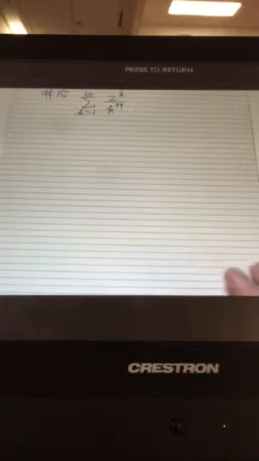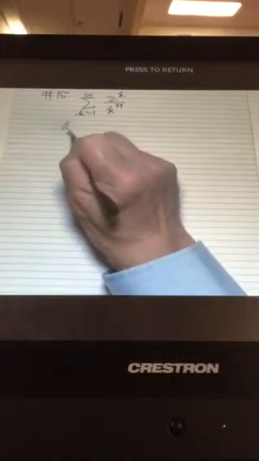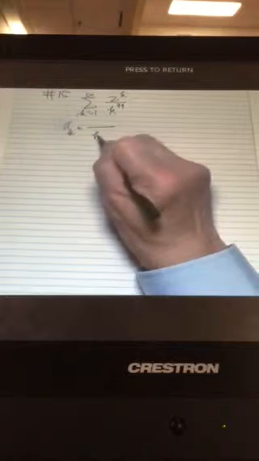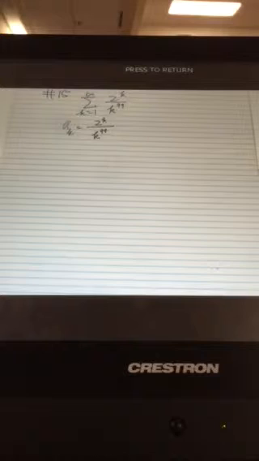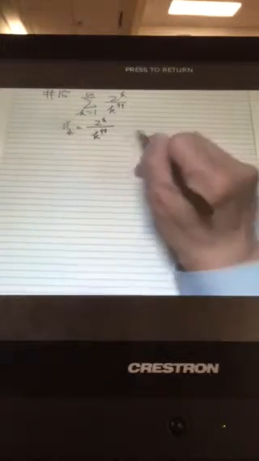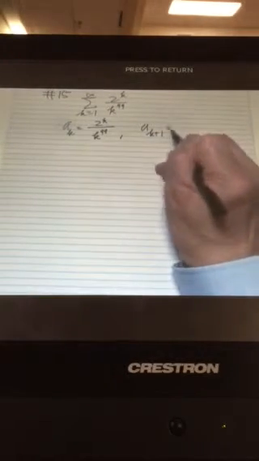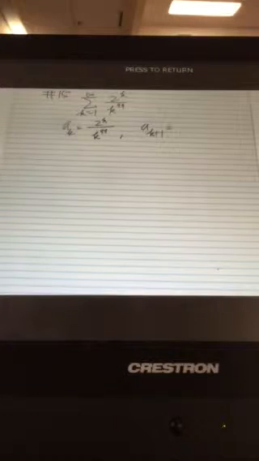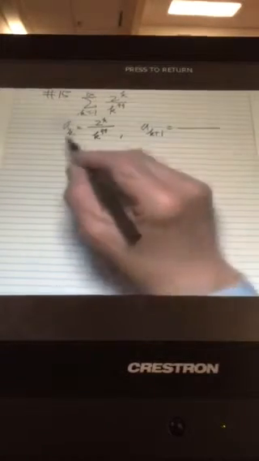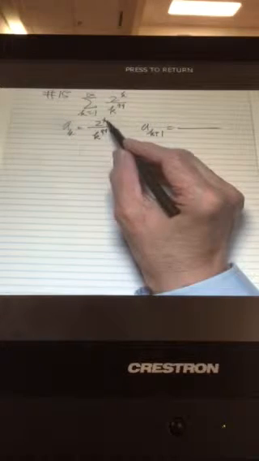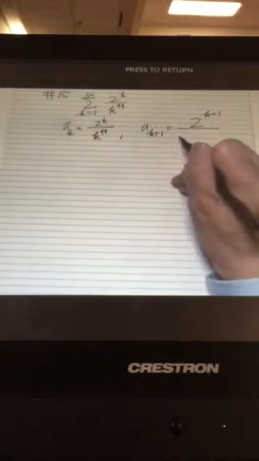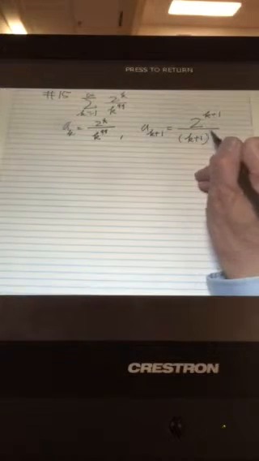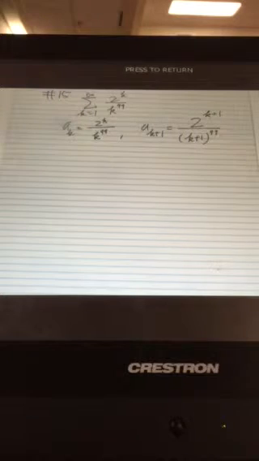Okay, so what is a sub k? And what is a sub k plus 1? Because they told us to use the ratio test. So k plus 1 is when I replace k by k plus 1. So this is 2 to the k plus 1 over k plus 1 to the 99.